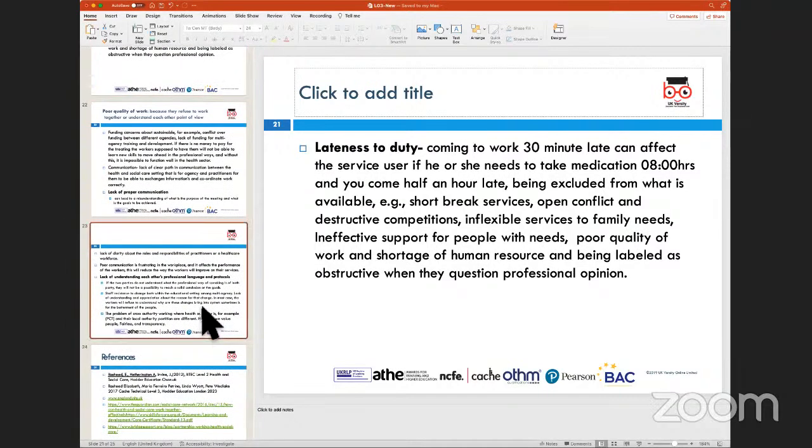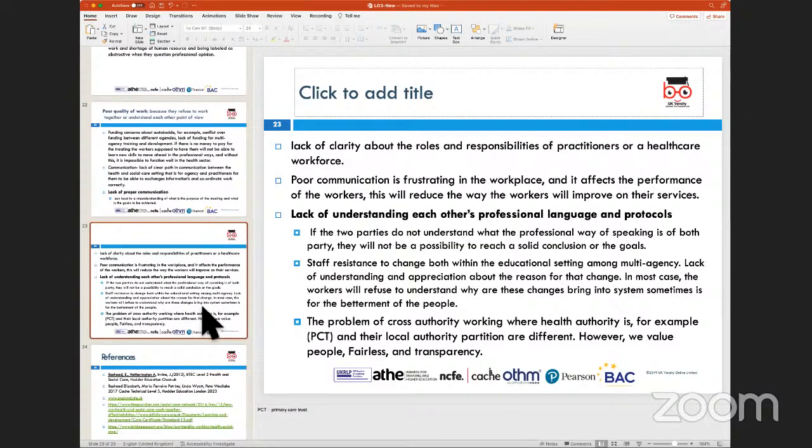So there are various examples you could think of. You have to think creatively about some examples that you will take up and then explain the consequences of partnership not working. So this brings us to the end of this particular learning outcome.